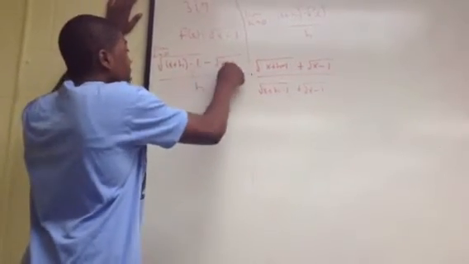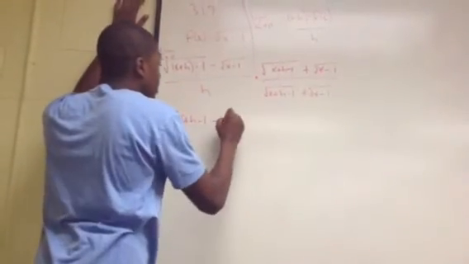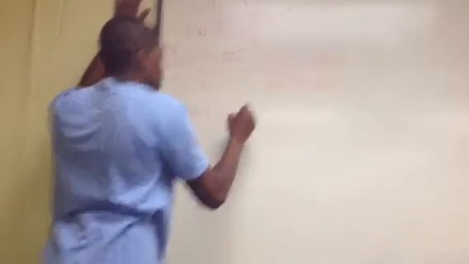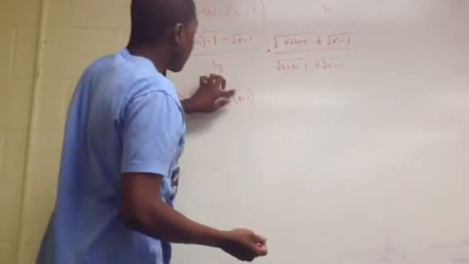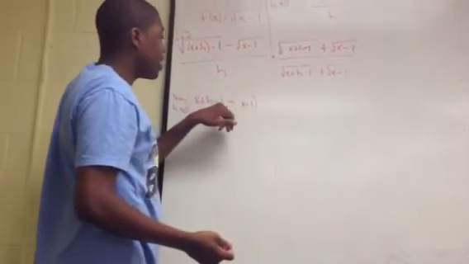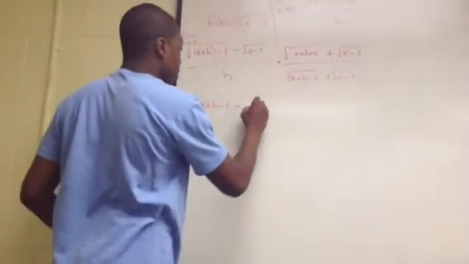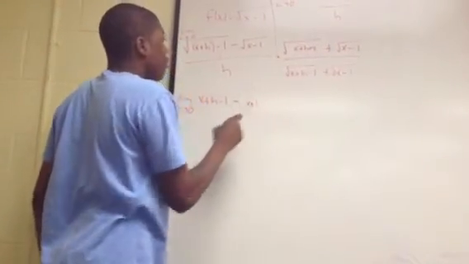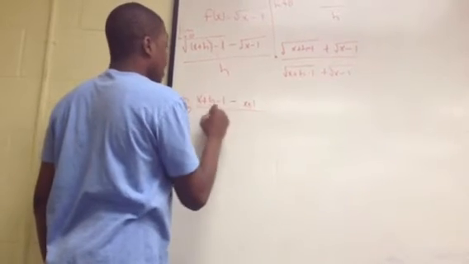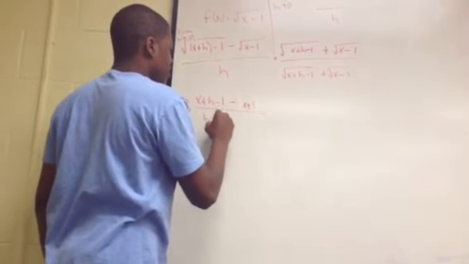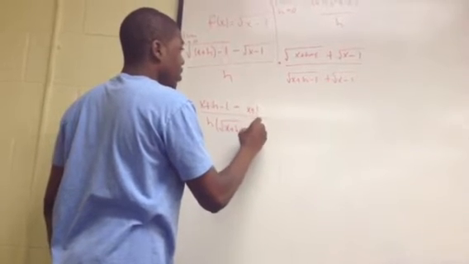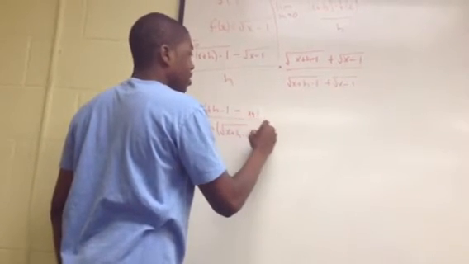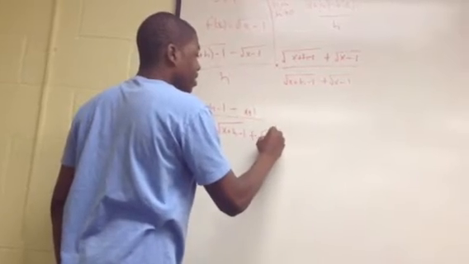The square root of x minus 1 times the square root of x minus 1 is just x minus 1. If you distribute the negative, you get minus x, and then you distribute the negative to the 1, you get plus 1, all over h times the square root of x plus h minus 1 plus the square root of x minus 1.